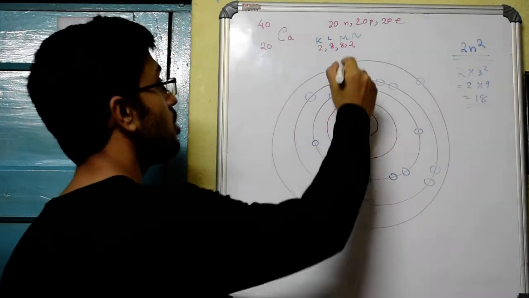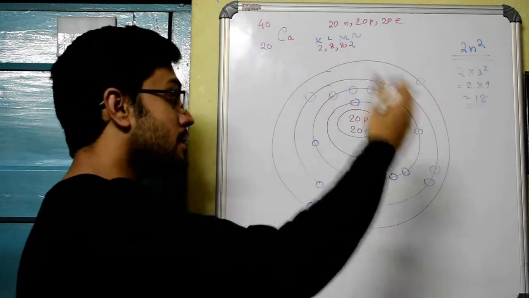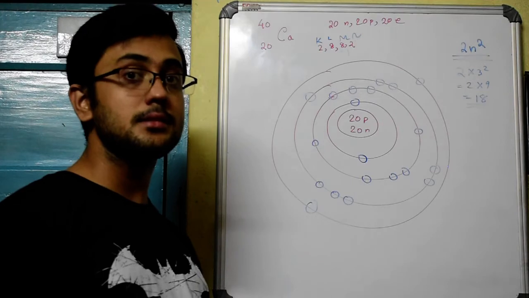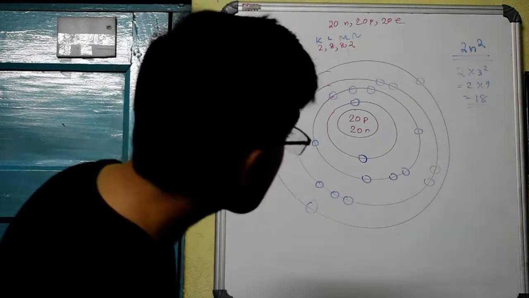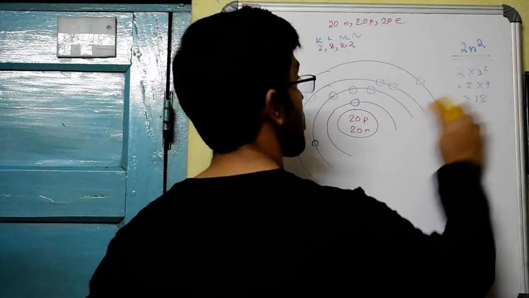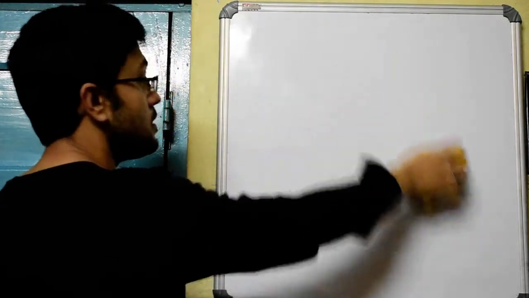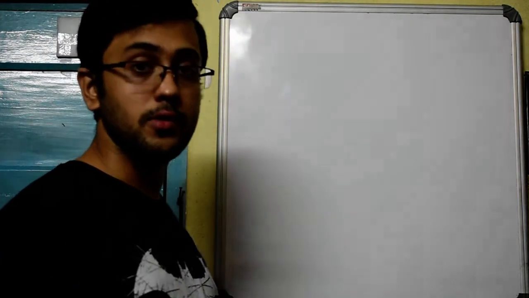Then why did we not put all these 10 electrons into the M shell? Why did we take 2 more to the last one? For understanding this, you need to know that there is a certain manner to write the electronic configuration.